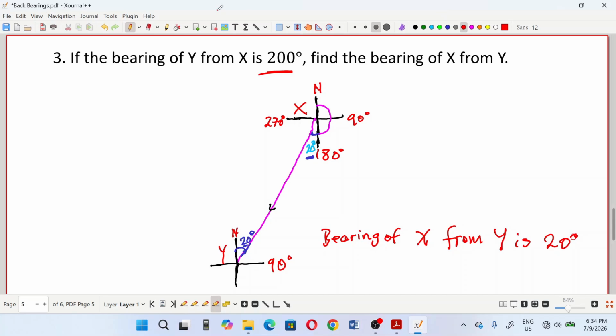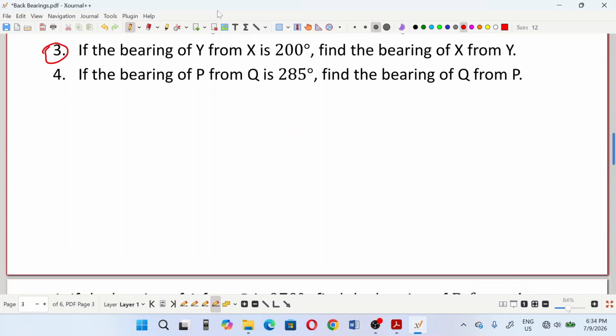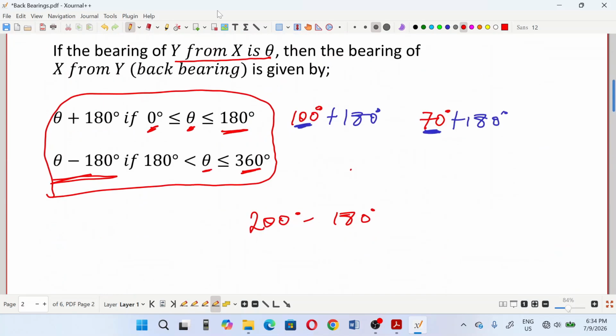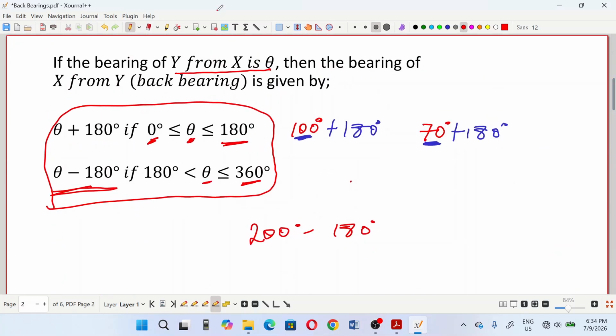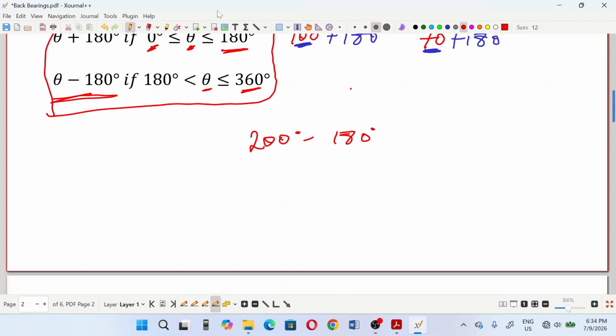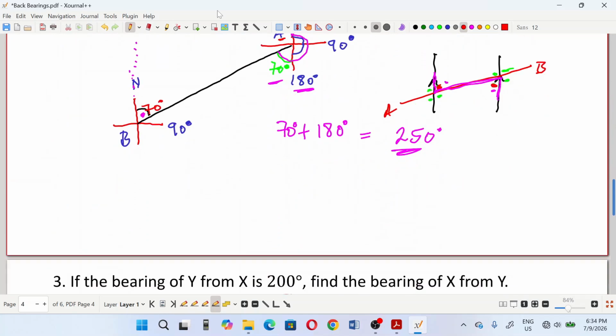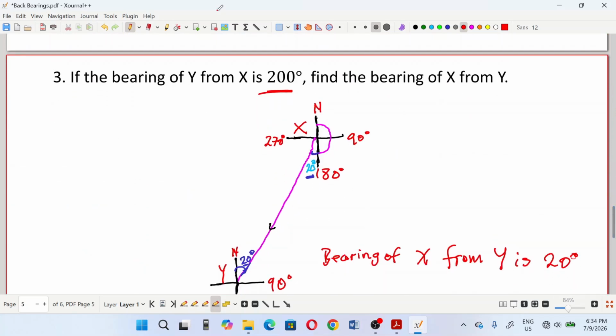So let's look at using this idea. I should have even done that one first. Let's look at using this rule. The rule says if it's more than 180. So when we go back to the question, it says the bearing of Y from X is 200. So the theta that is given in the question is greater than 180 degrees.